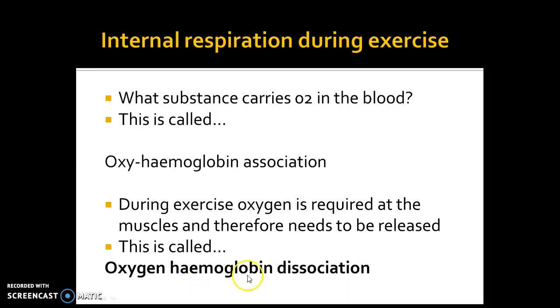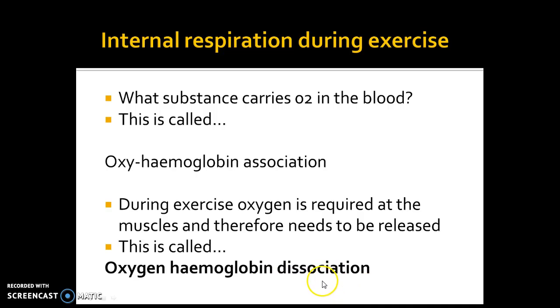So it's called oxyhemoglobin dissociation. All the things we've done before, we've talked about GASP-DD. That's been our focus all the way through. For exercise, we've exaggerated. When you see muscle tissue diffusion during exercise, you know that you've got something different, and we have to talk about this oxyhemoglobin dissociation.